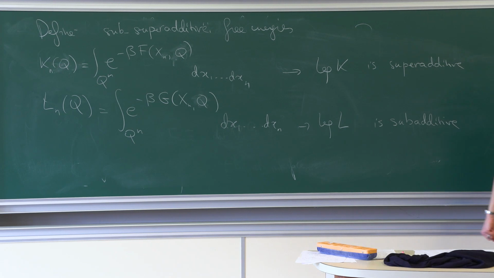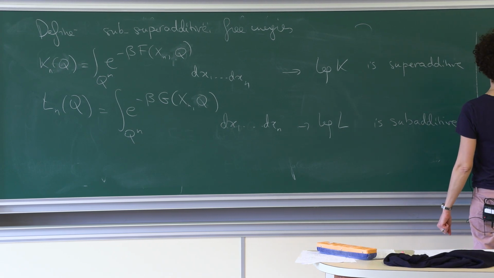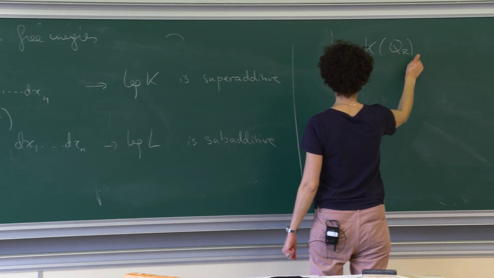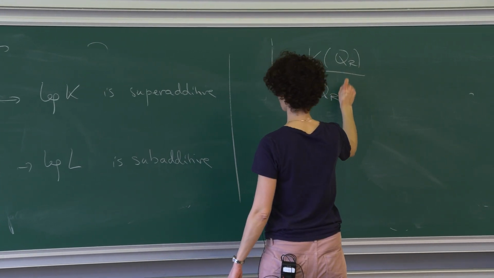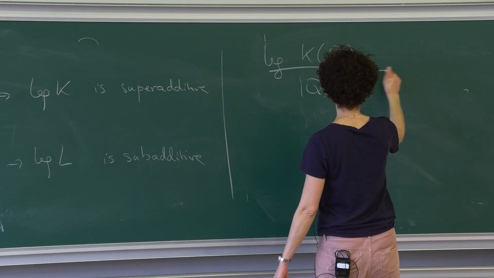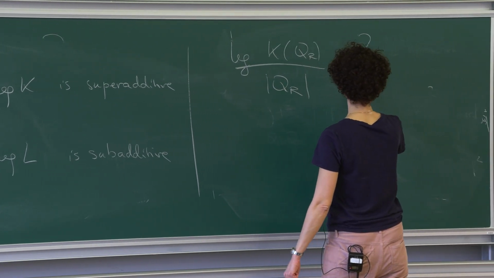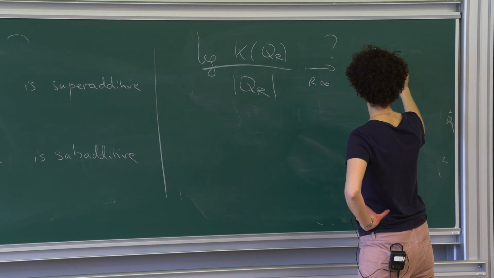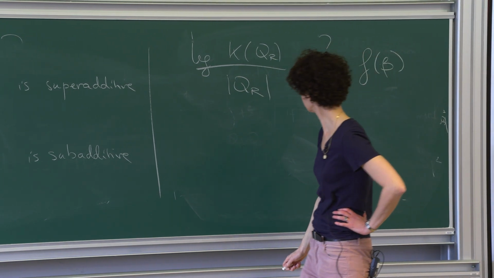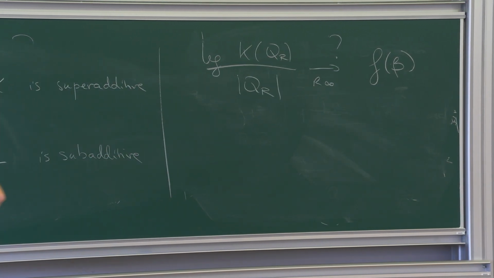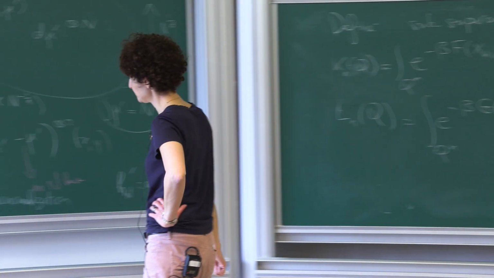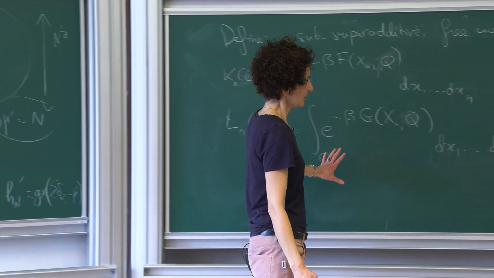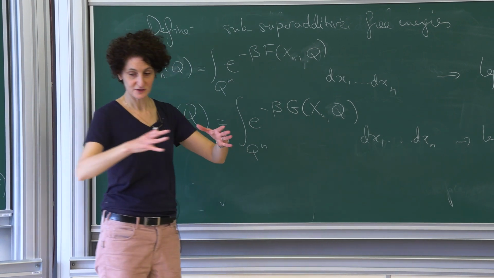Now what we want to understand is the limit of log K of QR divided by the volume. We want to show that this, as r goes to infinity, has a limit. This limit is going to be called f of beta, because it's a function that only depends on beta now, because when you let the size go to infinity, these are cubes that are filled with points.